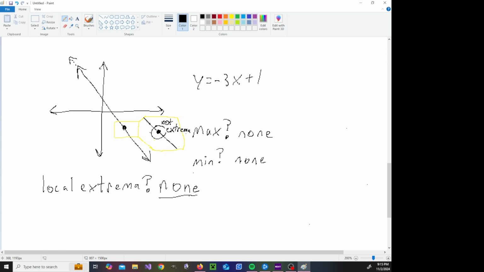Right. So again, this actually ties directly into the conversation that we had before about critical points.